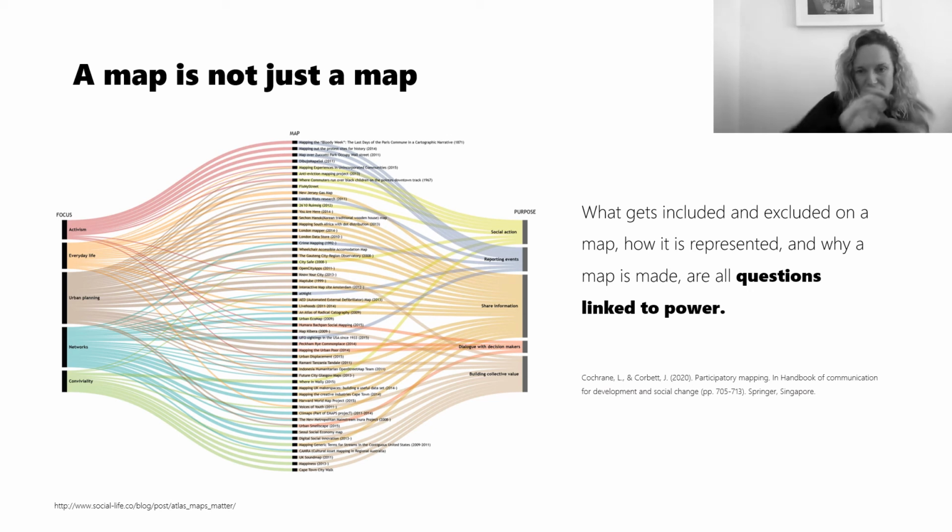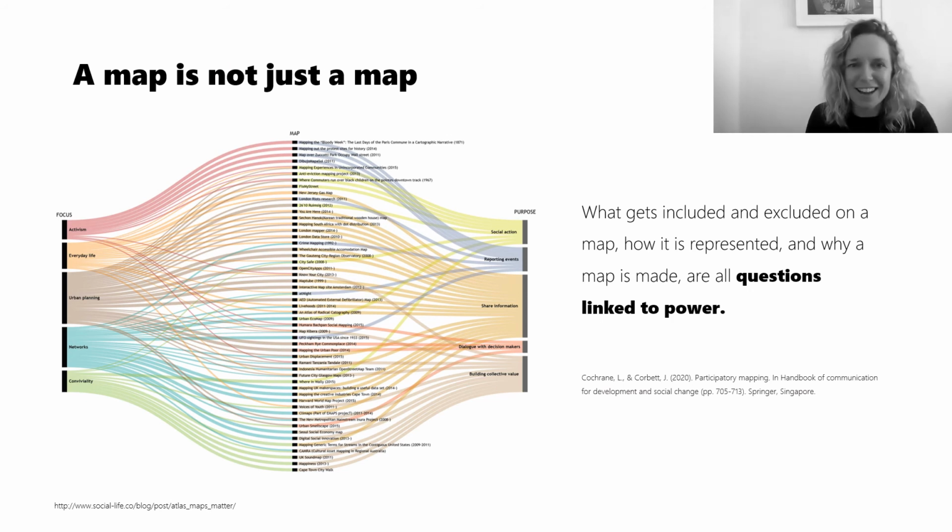And so we can shift the relationships of power using maps that are led by community members, with designers as the facilitators, as the prompters. Okay?